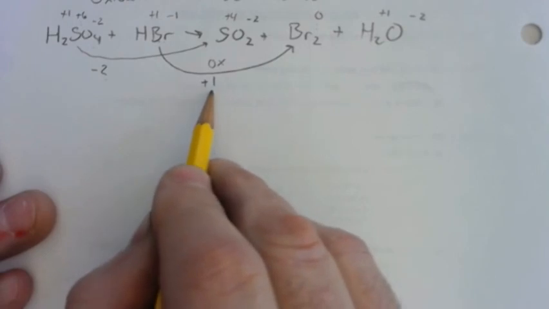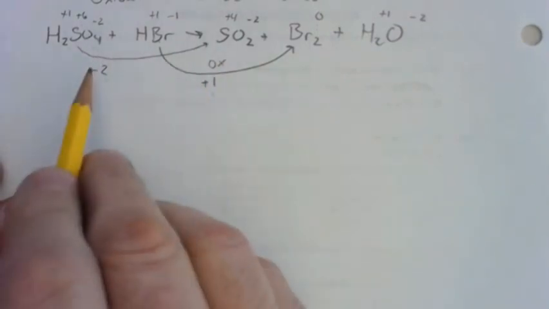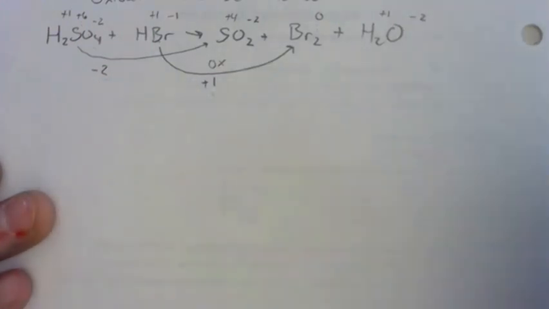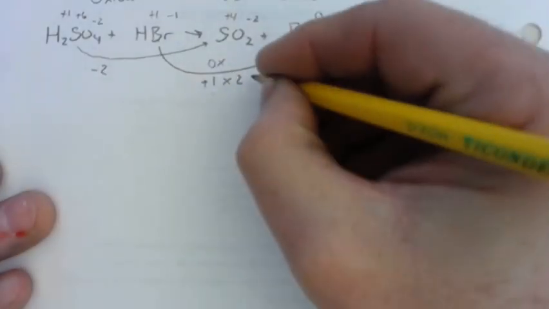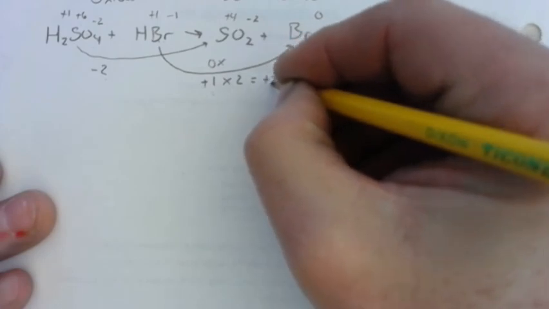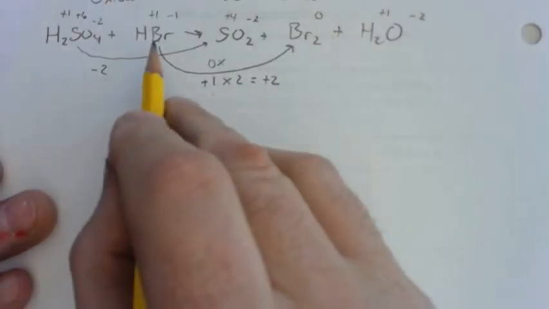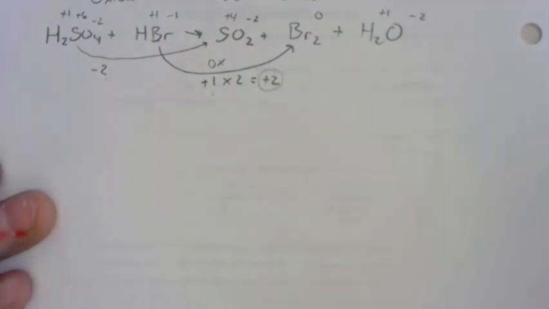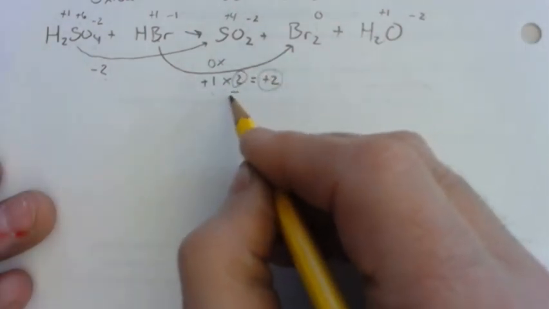So something else has to lose 2 electrons. So the least common multiple between those two numbers is going to be 2. So I'm going to multiply this by 2 to give me +2, which means that I have to have 2 of them right here.